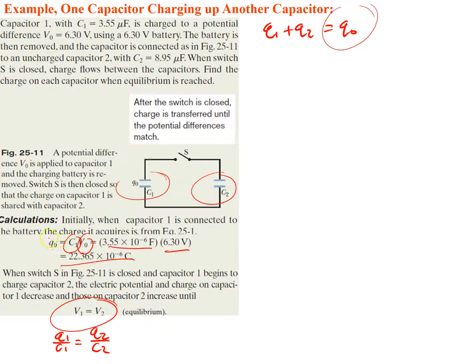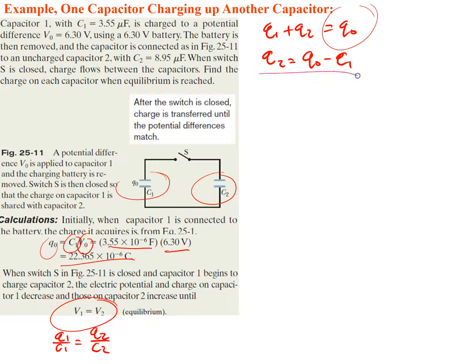This is the charge on C1 when it was connected to a battery. So whatever the charges are when they're connected together, when you add them together, it needs to equal this total charge. That lets us get rid of one of our variables. So Q0 minus Q1 is what Q2 equals.